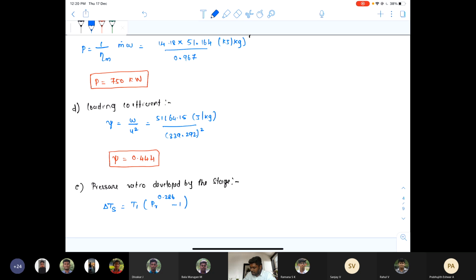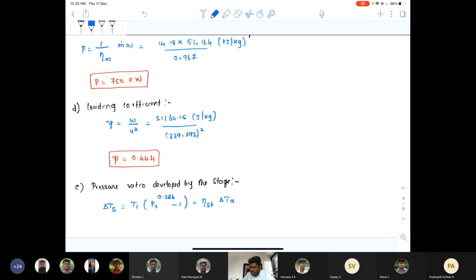Keep this equation in mind. This will give the pressure ratio developed at the stage, which is equal to eta stage into delta TA.